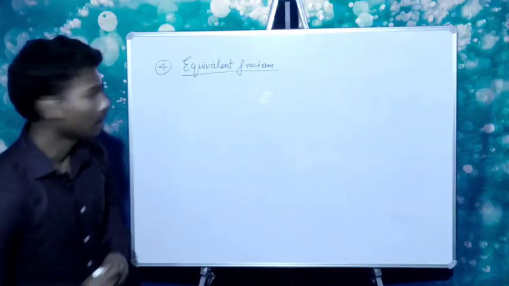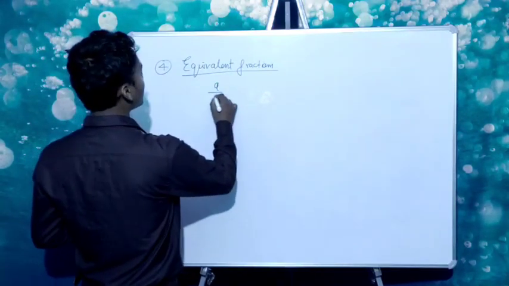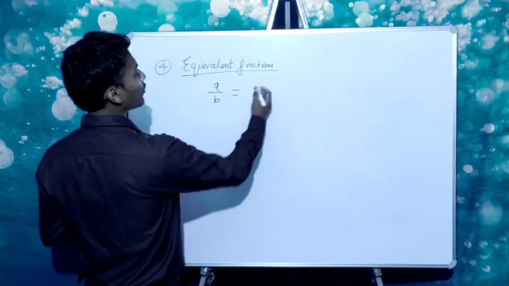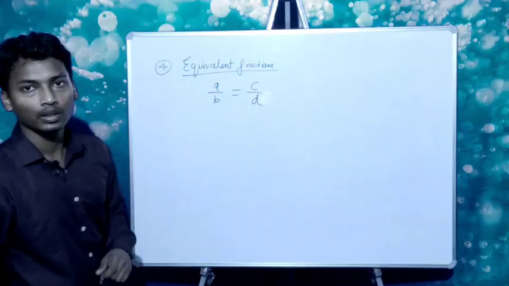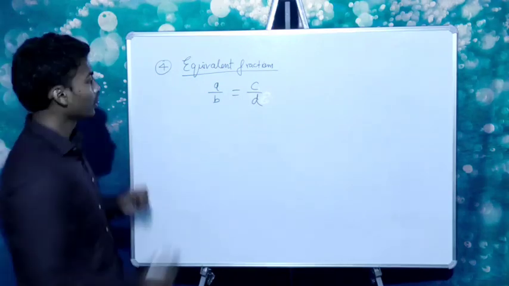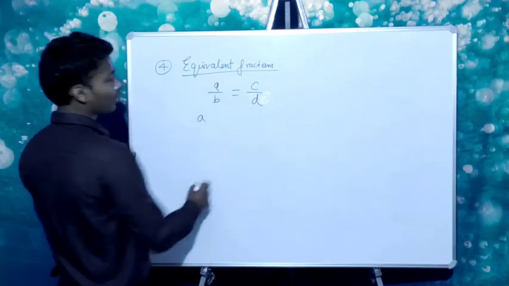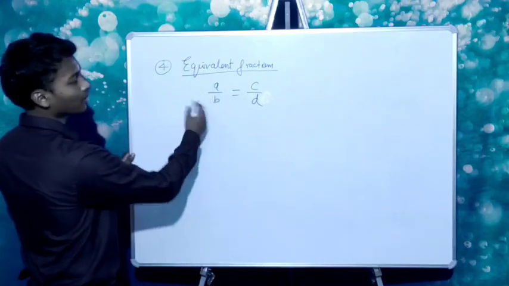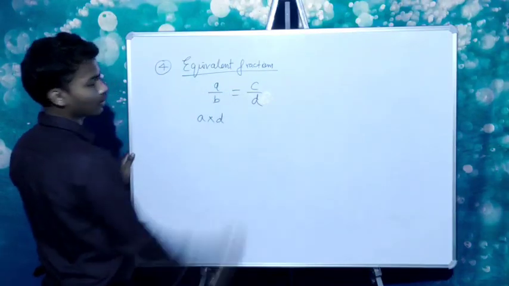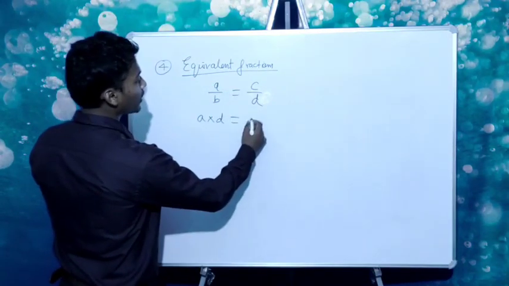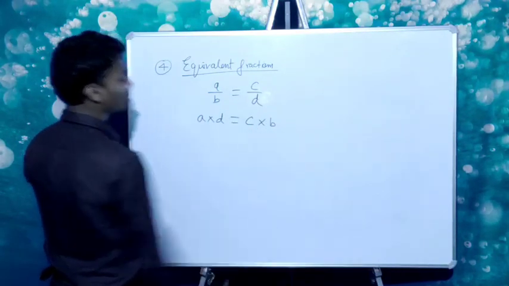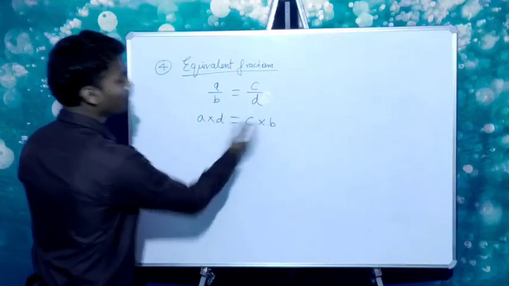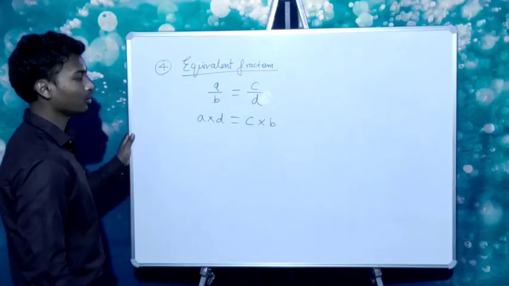Let's say a fraction a by b is equivalent to a fraction c by d. In such a case, if I multiply the numerator of the first fraction by the denominator of the second fraction, and the numerator of the second fraction by the denominator of the first fraction, we will find that the products are equal.